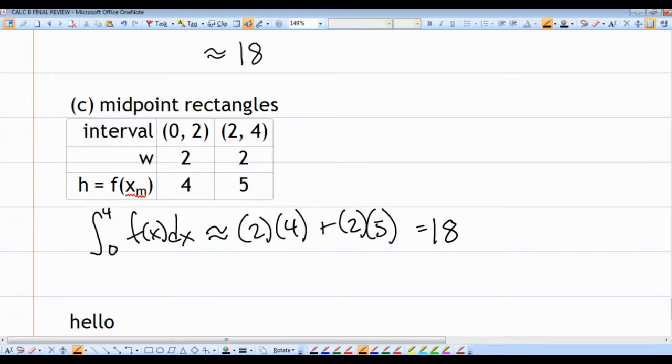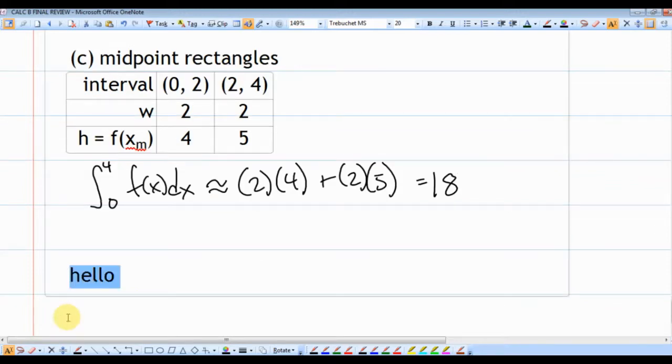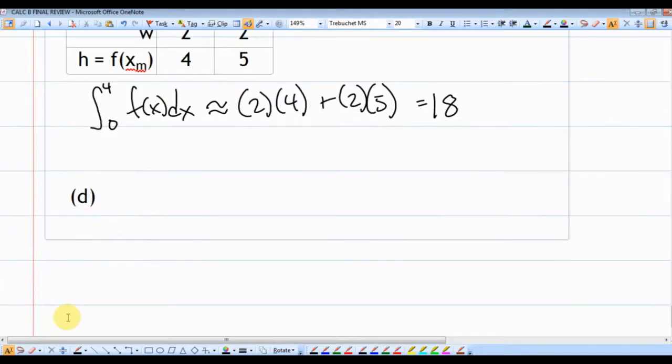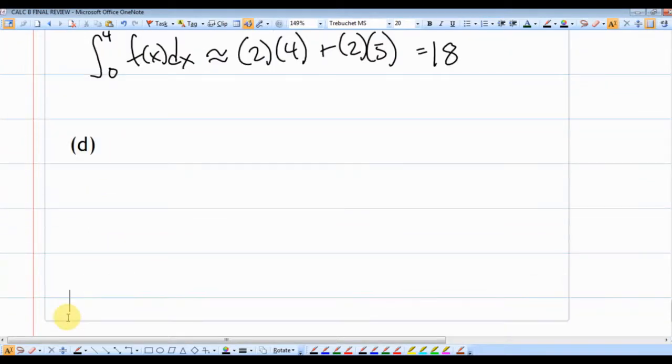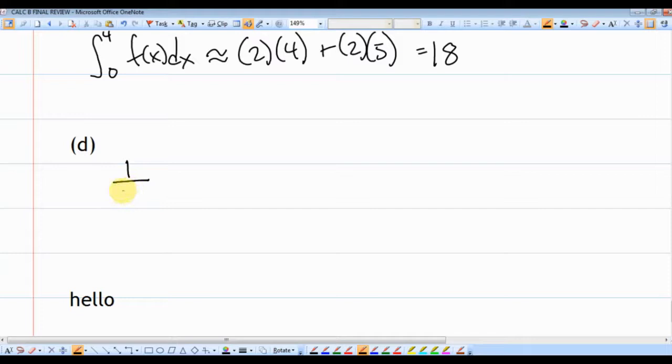Okay, so if this is actually a velocity function, then we can find the average velocity. So the average is going to be equal to 1 over 4 minus 0 times the integral from 0 to 4 of f of x dx.